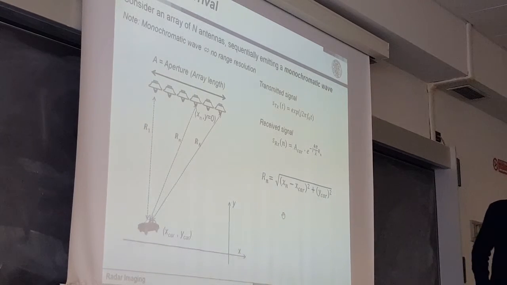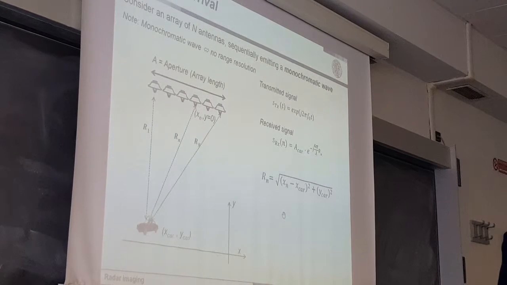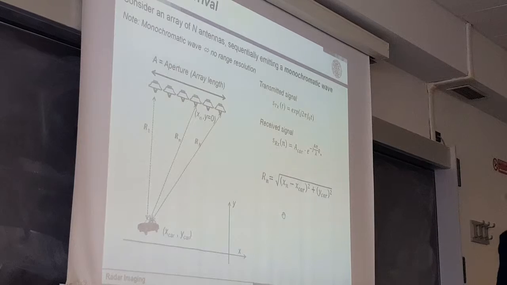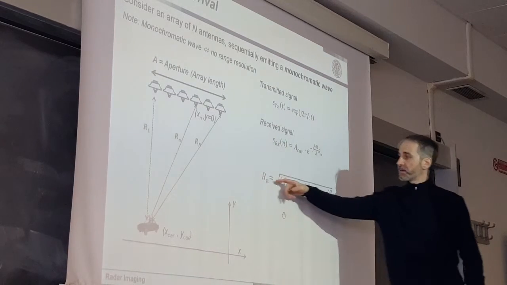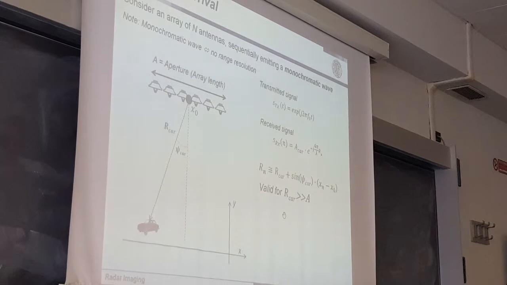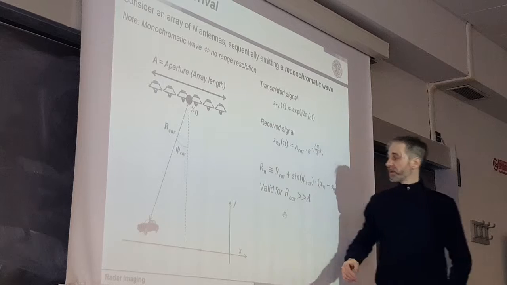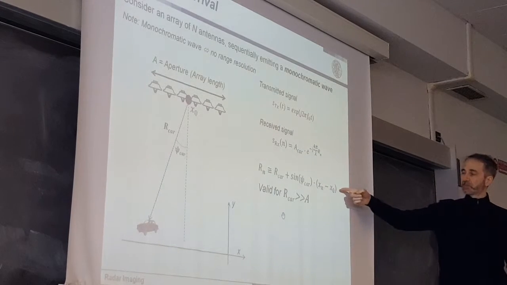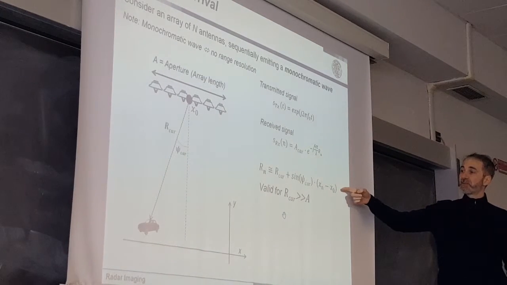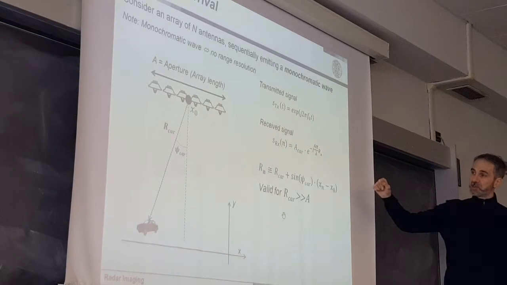Now let's put some numbers. The distance is just geometry, and so if you assume that your array is at 0, then this is the expression of your distance. Of course, you can approximate the variation of the distance along the array by virtue of linear expansion, and this is what you get.